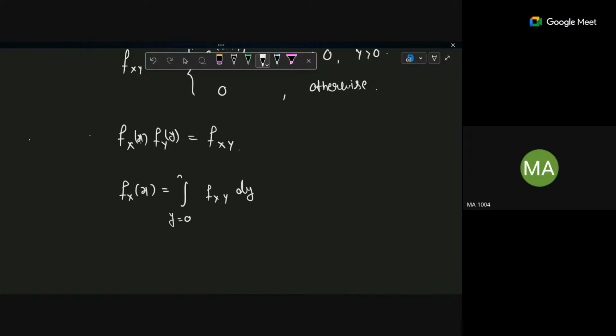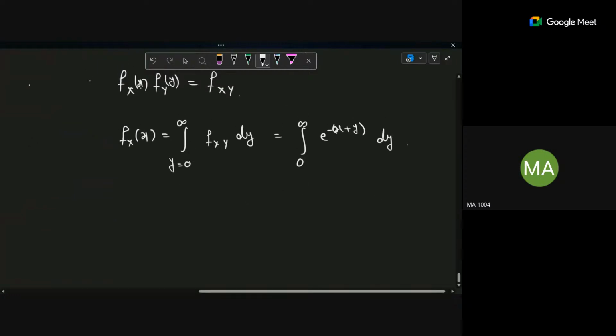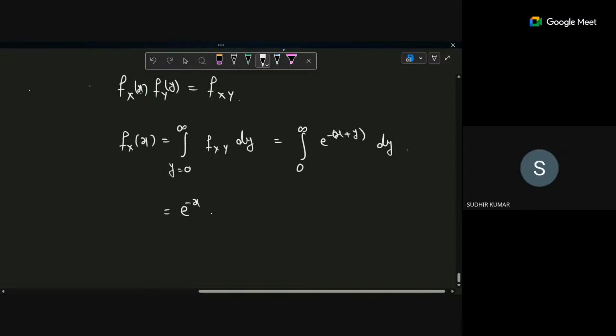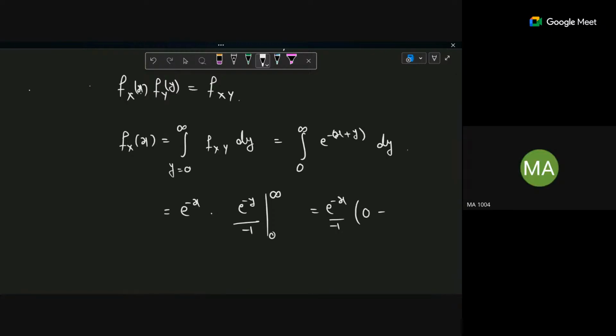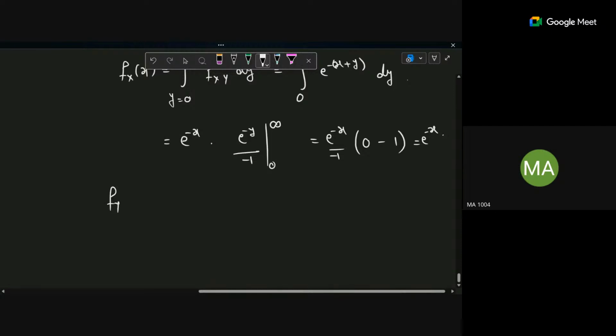So just integrate e to the power minus x plus y dy. Integration with respect to y means x is constant, so we can split the term. It goes e to the power minus y upon minus 1, integrated from 0 to infinity. What is e to the power minus infinity? 0. So it will be 0 minus e to the power 0, which is 1, so it's nothing but e to the power minus x. Similarly, fy of y will be e to the power minus y.